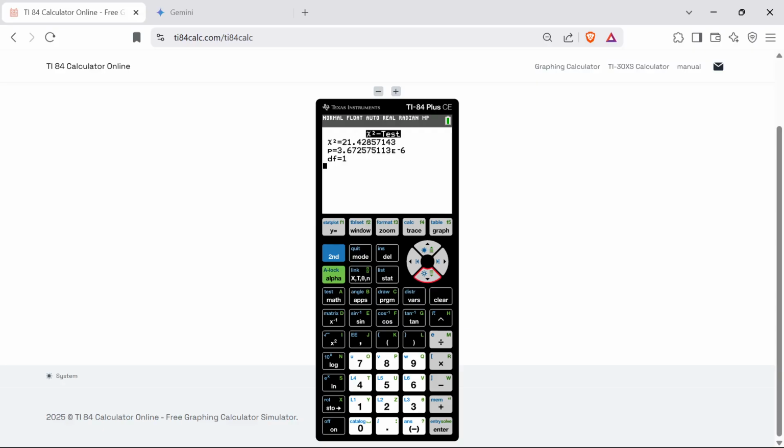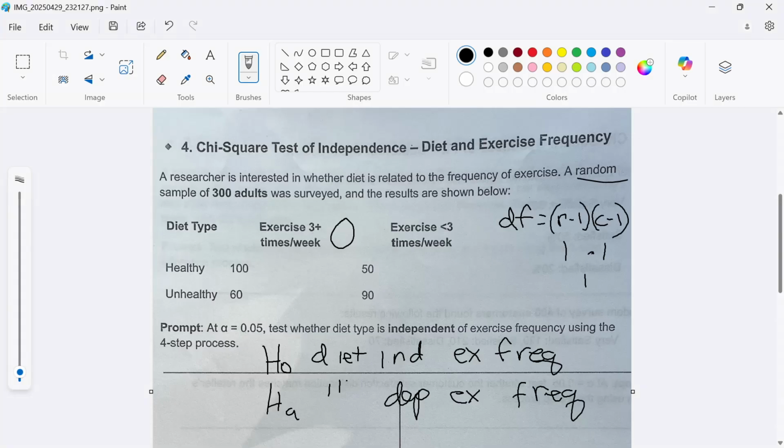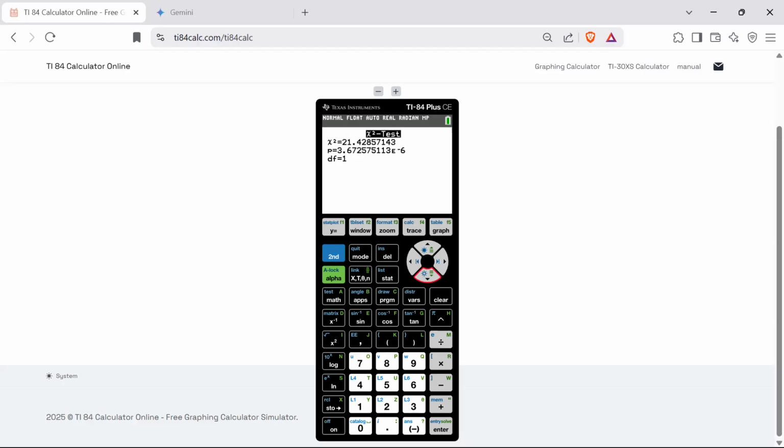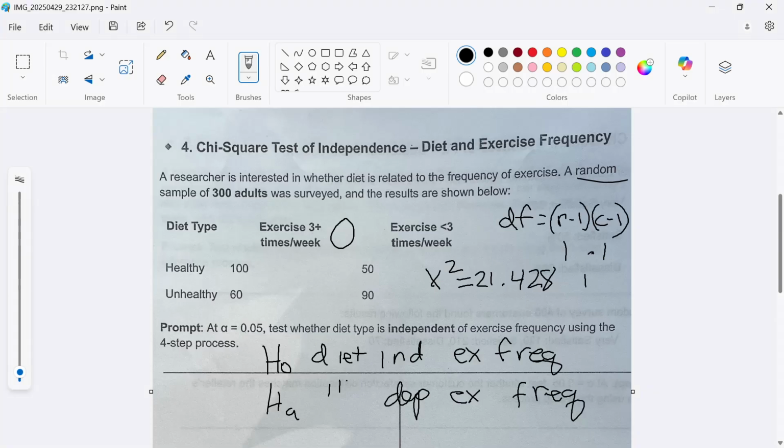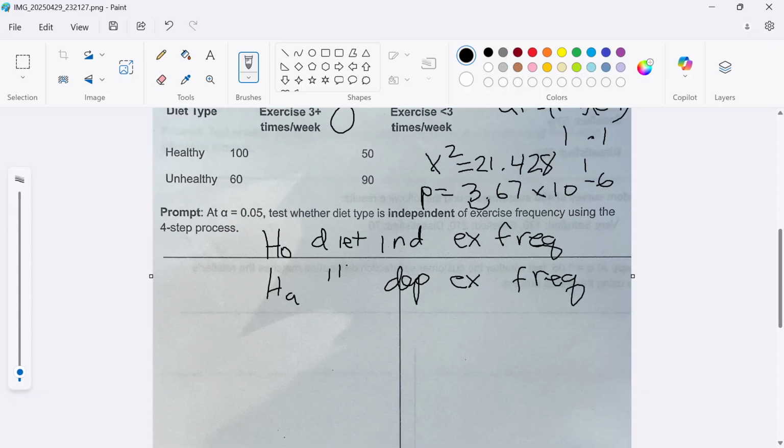And it comes out with a chi-squared of 21.428. And it comes out with a P of 3.67 times 10 to the negative 6th. Let me put it down here.